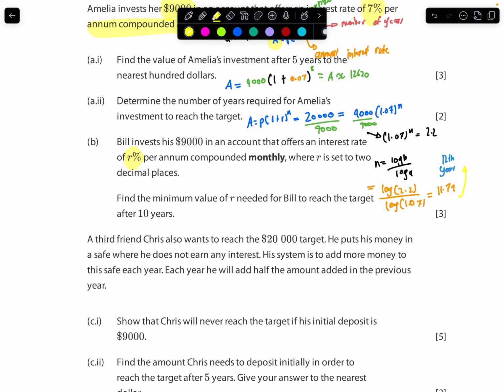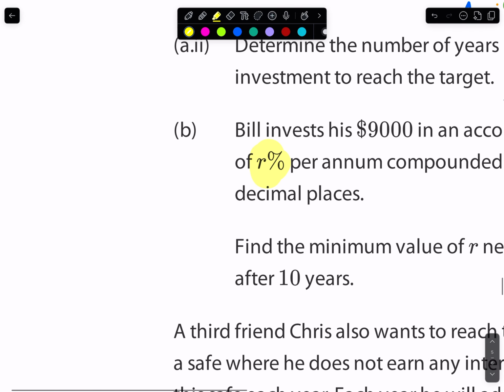So we're given P, which is 9,000, the time, which is 10 years, and since it says 10 years, we have to change it to months. We multiply 10 times 12, which is 120 months.